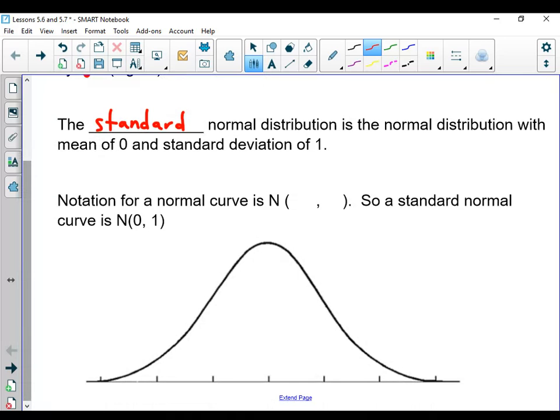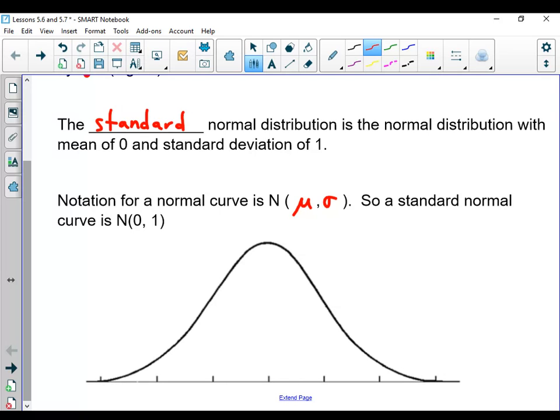So first of all, some notation for the normal curve. Again, when we look at the mean and we look at standard deviation, we're going to refer to those with those symbols of mu and sigma. But the notation you usually see is you'll see a capital N to tell us we're going to deal with a normal curve.